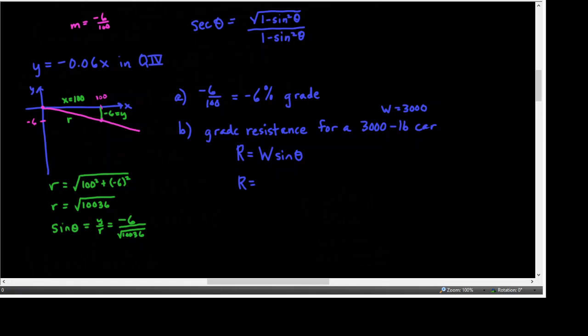So we'll substitute in 3,000 for W, and the sine of theta is -6 over the square root of 10,036. Then type it all into your calculator, and report the result.